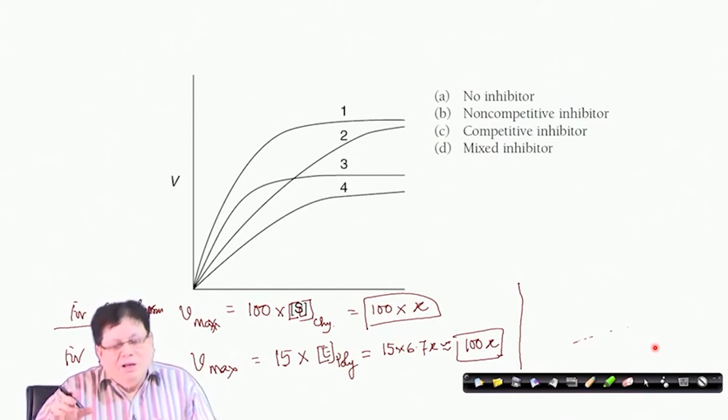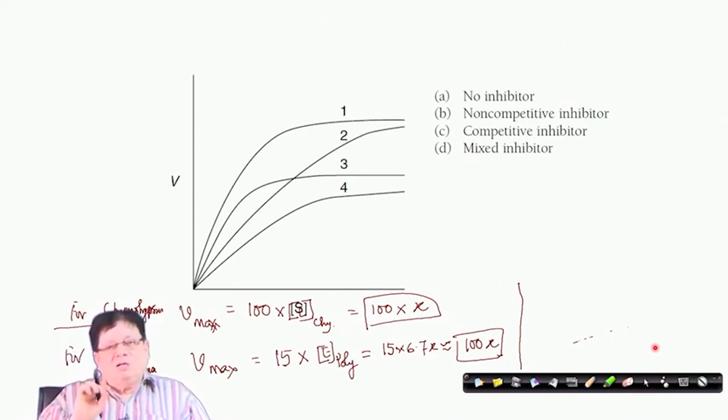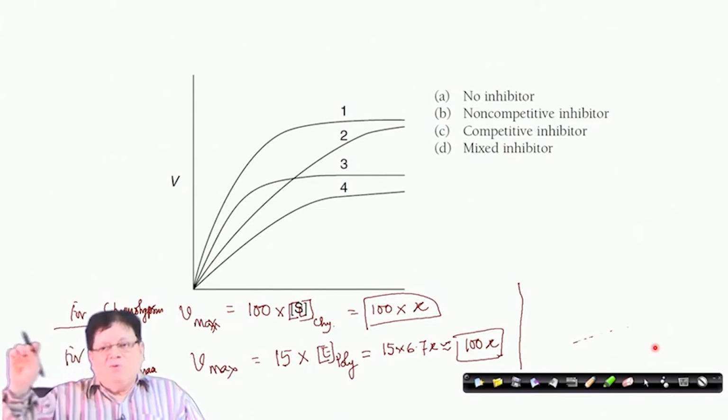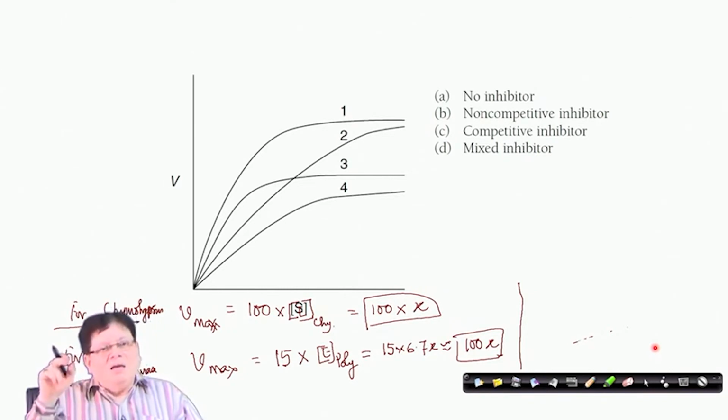I told you that enzyme efficiency is inversely proportional to Km, because the higher the Km, the more will be the dissociation of ES complex. That means less will be the concentration of the ES complex, and it is only the ES complex from which the product is generated. So, higher Km means lower ES concentration.